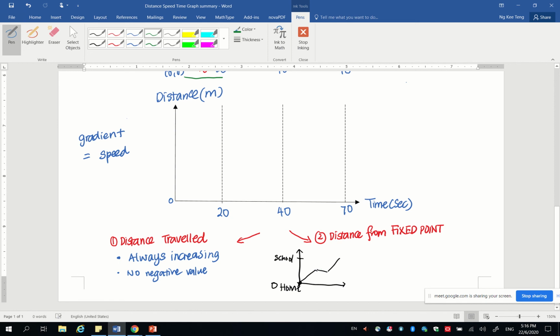So when you have this kind of distance time graph, the distance is not always increasing. The distance can be increasing or decreasing. Usually we still will not have any negative value because distance will never be negative, but we need to take note of the time points, the time frame.